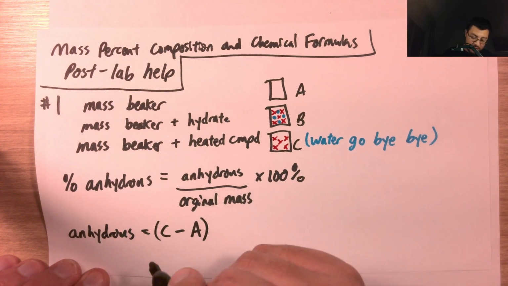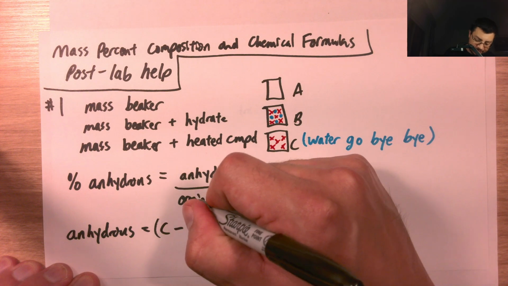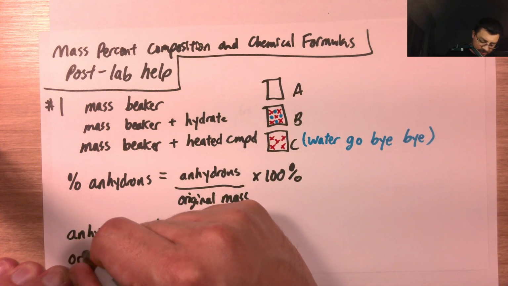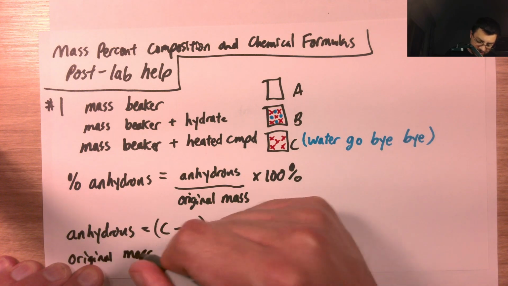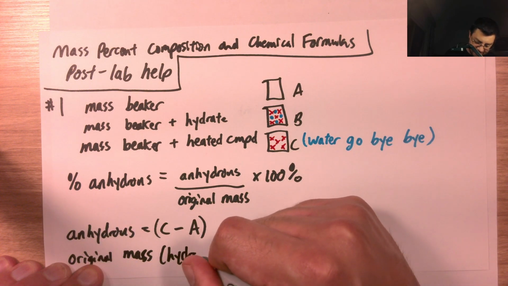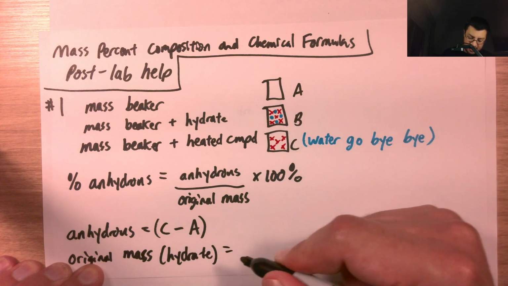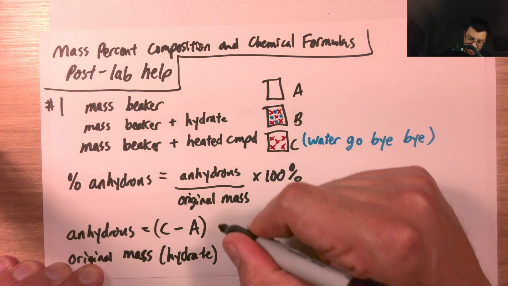All right. And then for the mass of the original compound, the hydrate, we want all of it. So that's going to be B minus A. Right?